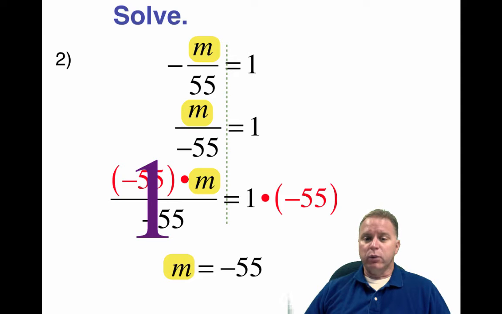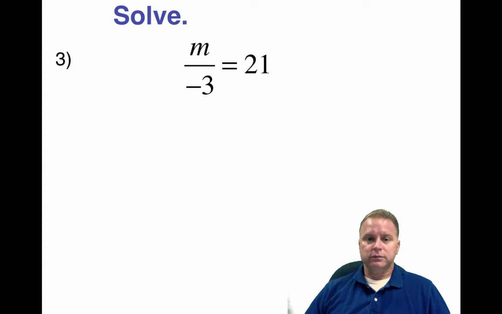And when we get 1 times -55, signs are different and we're multiplying, that means our answer is negative. If we plug that back in, -55 over 55 would be -1, times the negative would be a positive 1. So if we plug it back in, we should get the same answer if we're checking.